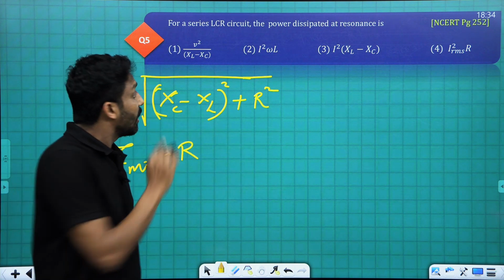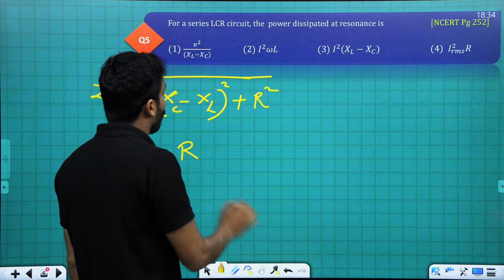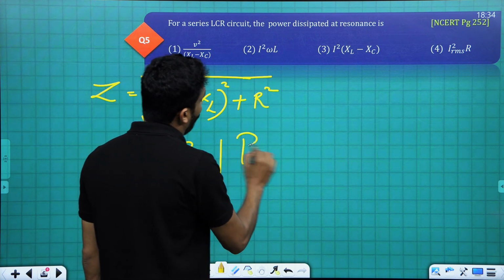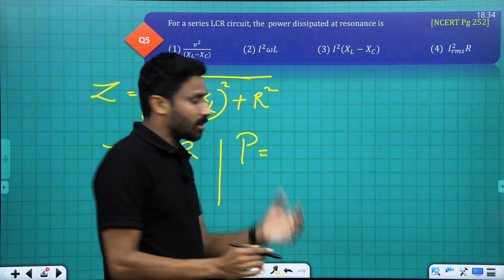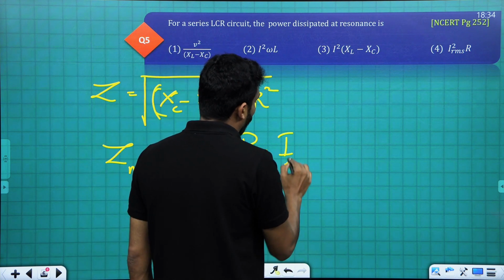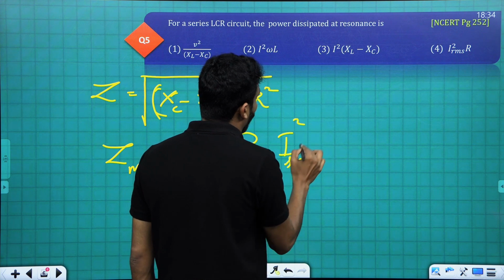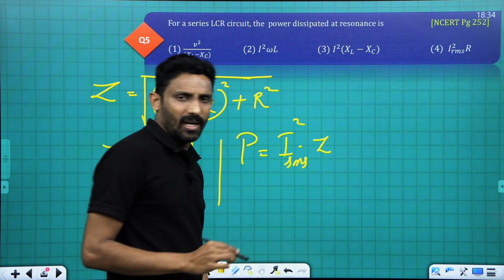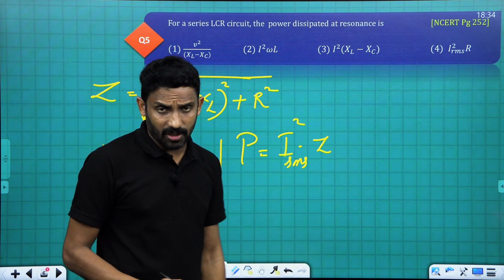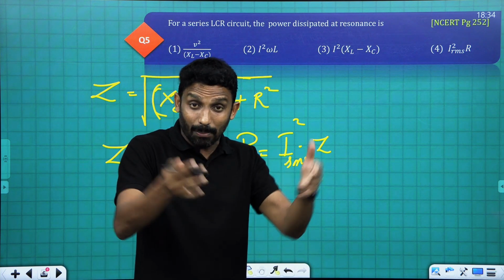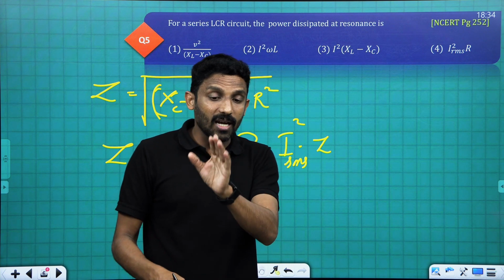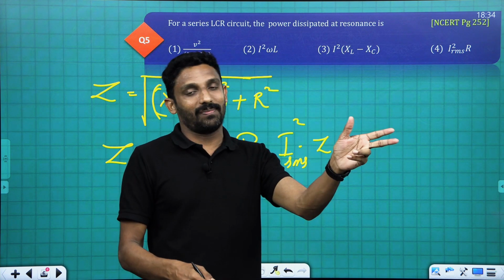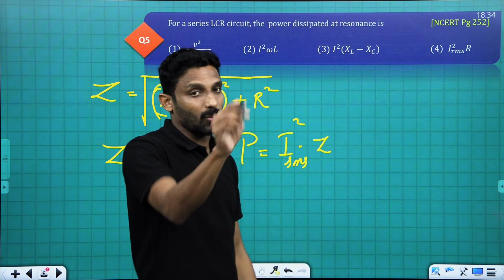Now the power consumed is, what about the power consumption? Power consumption is equal to IRMS square into Z. We can say that in terms of current, IRMS square into impedance. This is the general expression for power consumption. Otherwise, VRMS square by Z. If not, IRMS into VRMS into cos phi, as we did in the previous question.